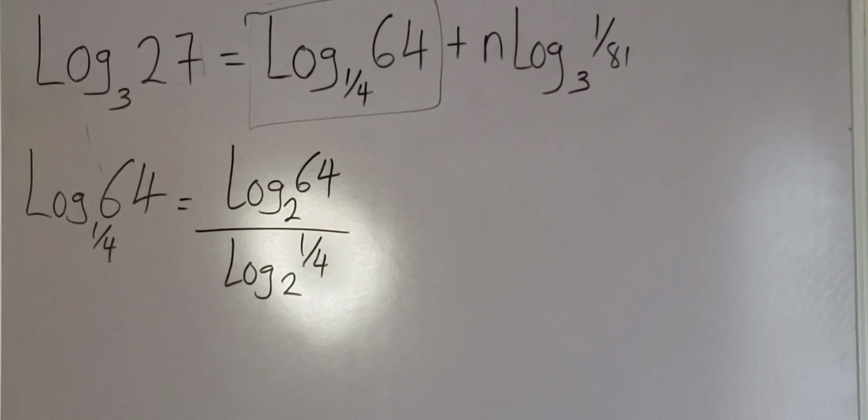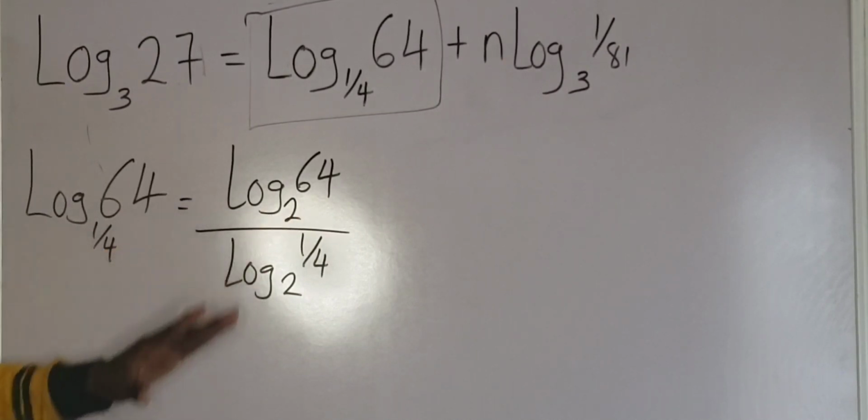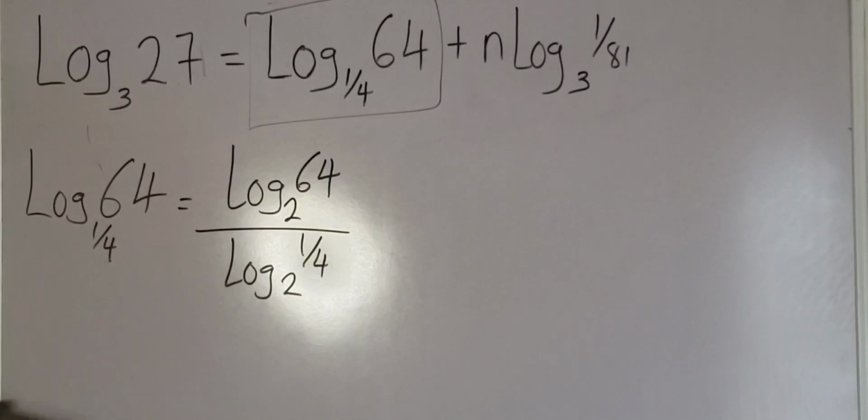When you are using the change of base formula, it is very important that you note the base that you are using, so that you don't choose a base that will bring complexity to the problem. Base 2 will enable me to simplify this log 64 base 1/4. Okay, let's proceed.